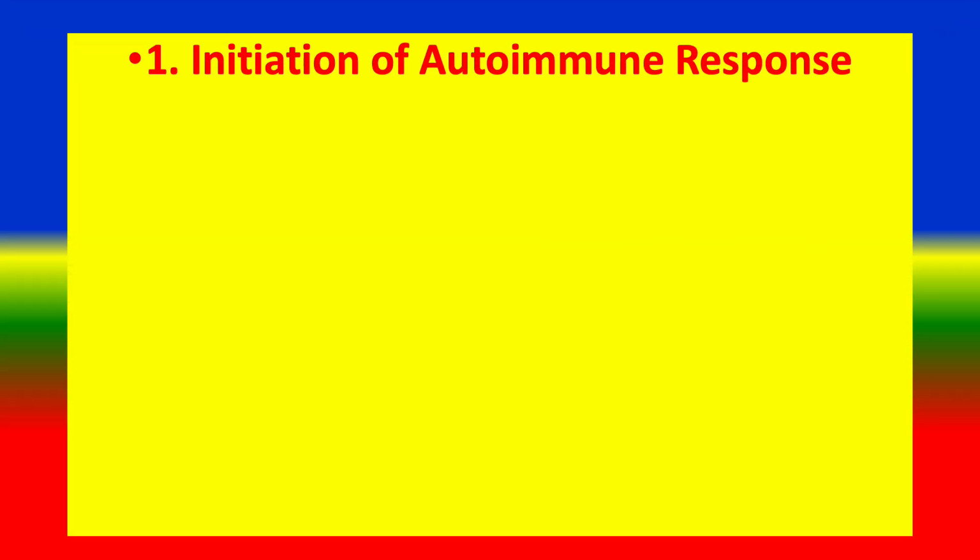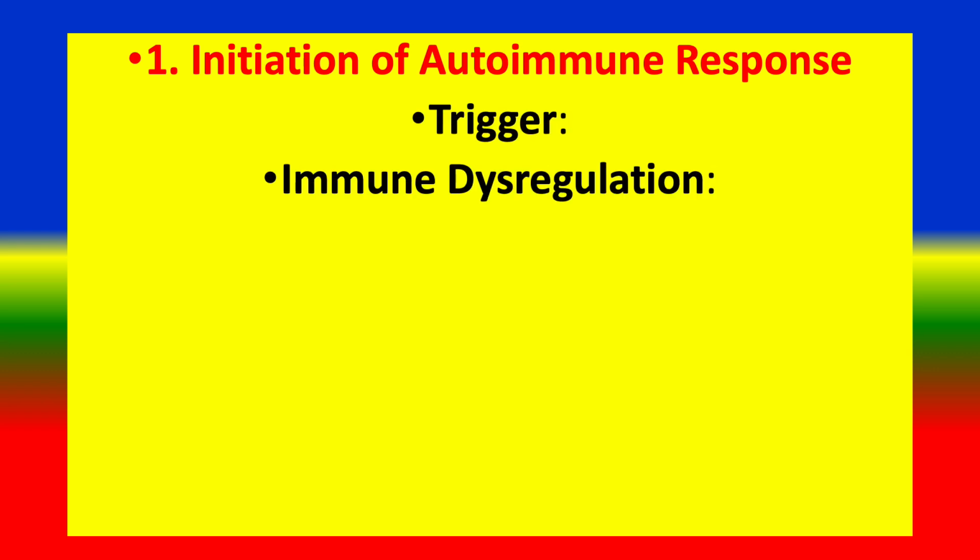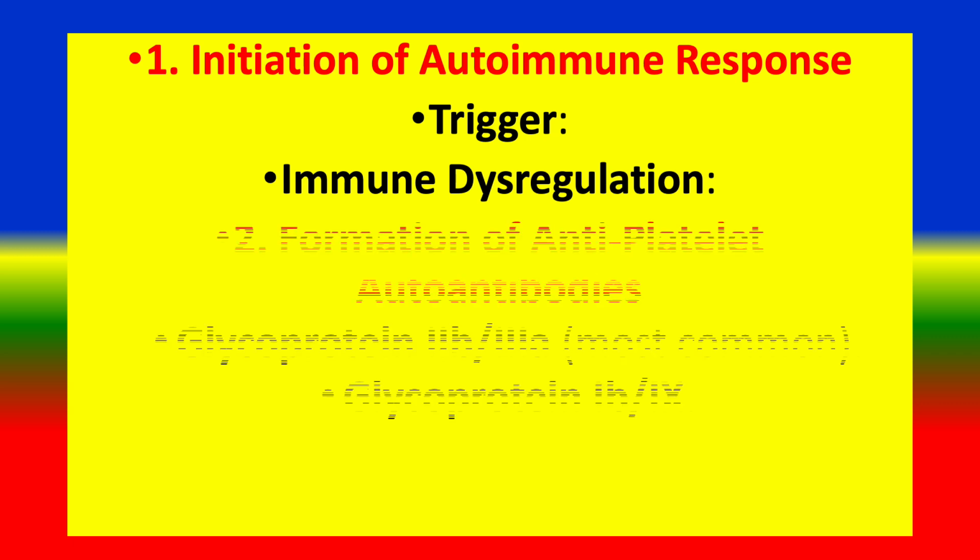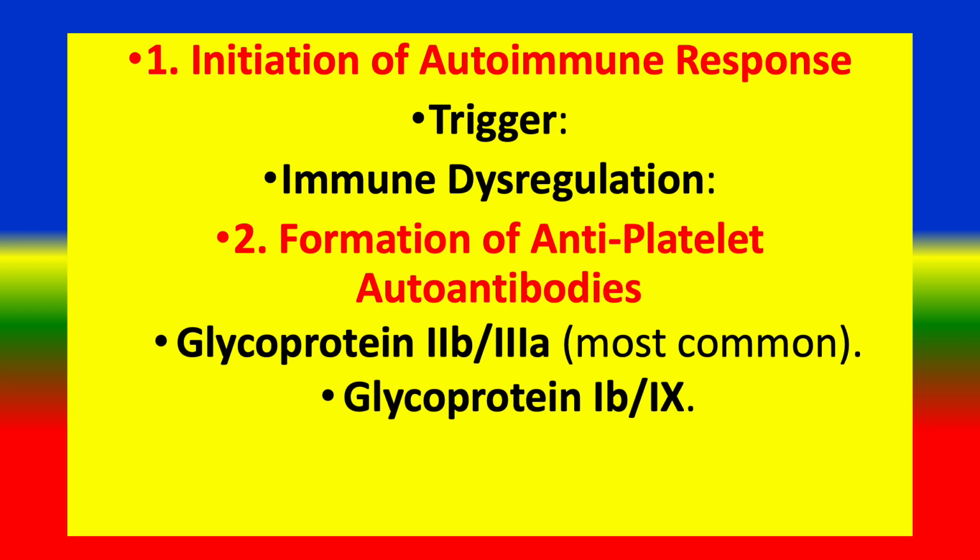1. Initiation of autoimmune response. Trigger, immune dysregulation. 2. Formation of antiplatelet autoantibodies. Glycoprotein is most common.